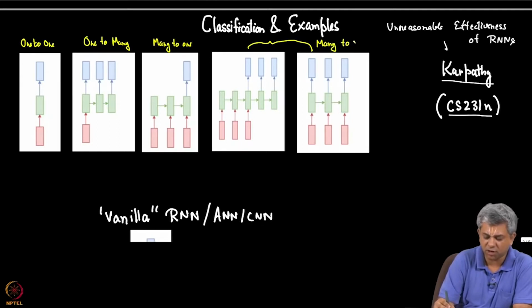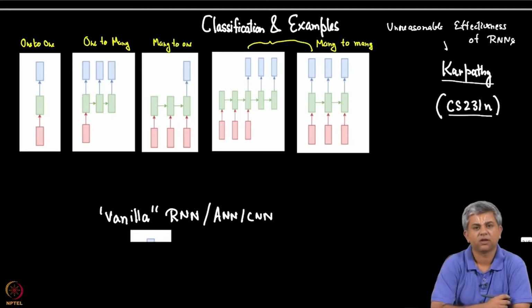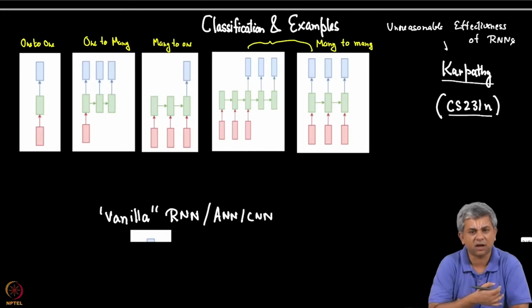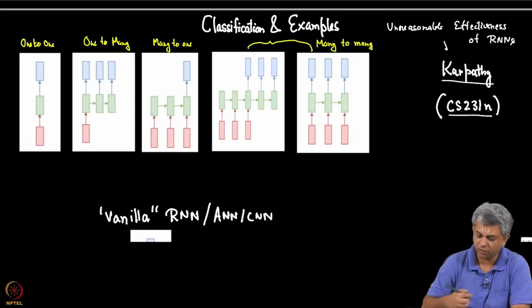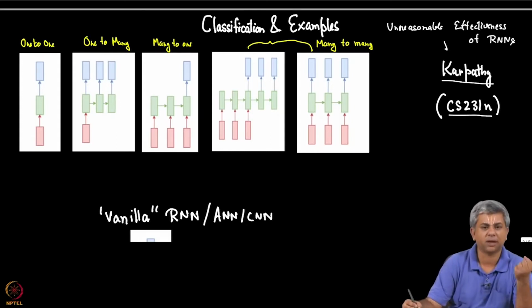Once again, this is not really a classification that is there in the literature, but I think it is a great way of classifying it for introductory purposes. So, let us look at some examples of where RNNs are used, once again very notionally, and we will go into depth a little bit later in the next few videos.